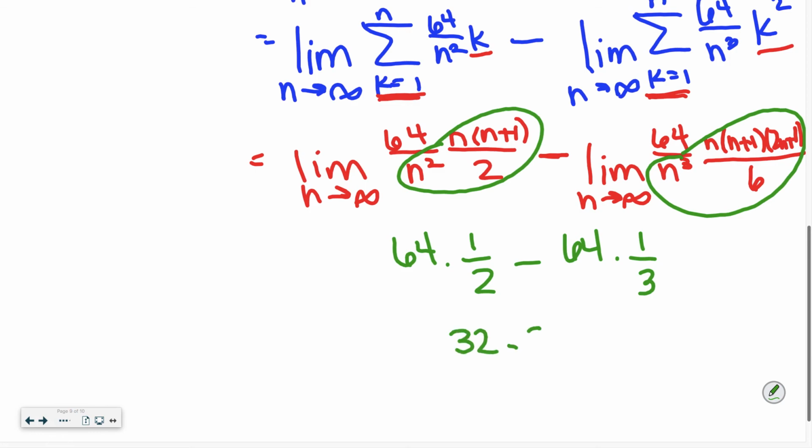So we have 32 minus 64 thirds, which if somebody wants to just put that into their calculator real quick for me, and give it to me in fraction form, please. 32 thirds? Okay.